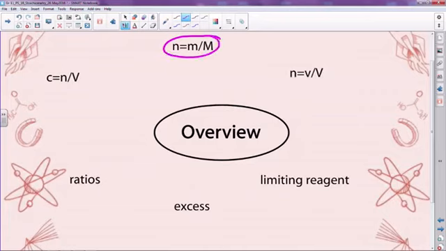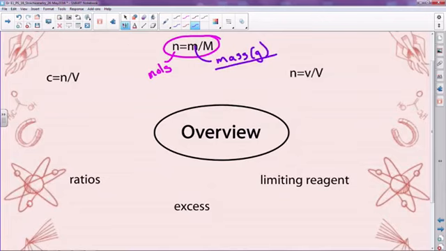Most of you should know, and if not, hopefully this is going to jog your memory, that n stands for the number of moles. The small m is your mass, and the mass is usually measured in grams.